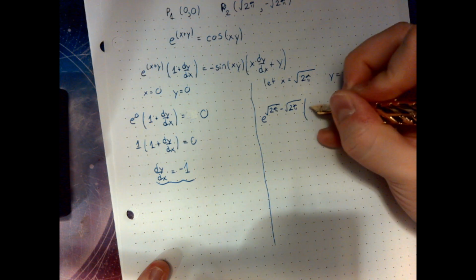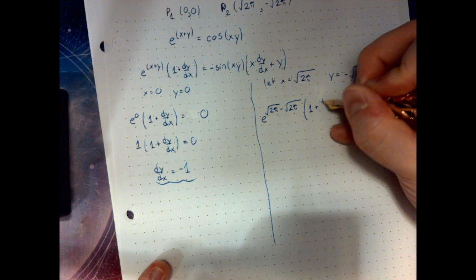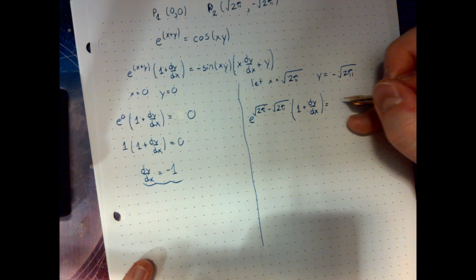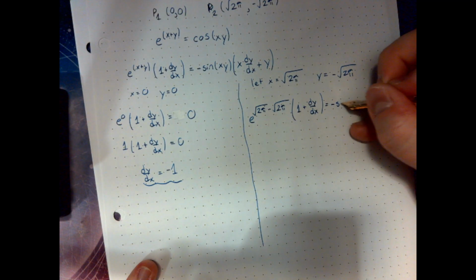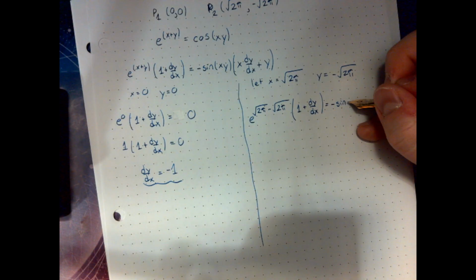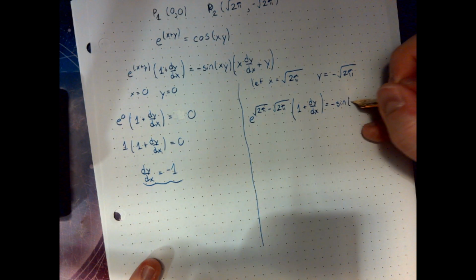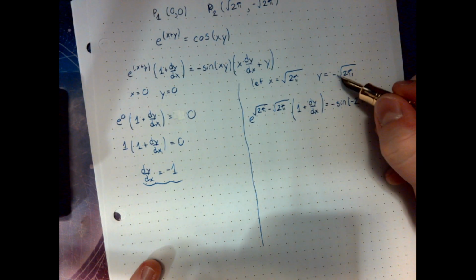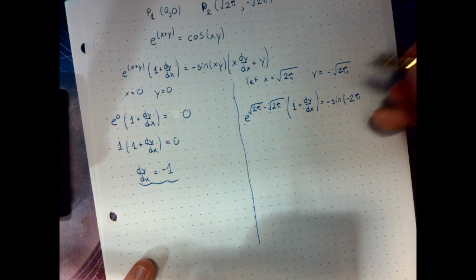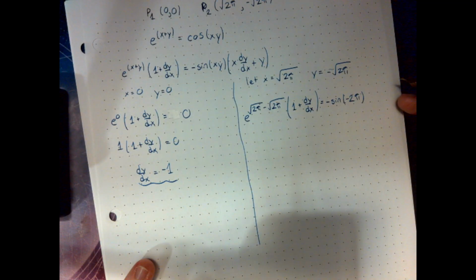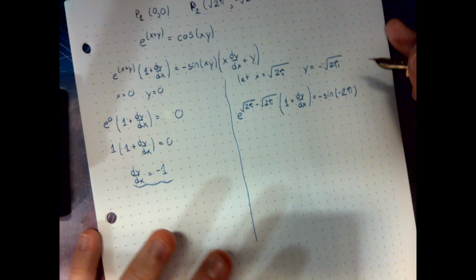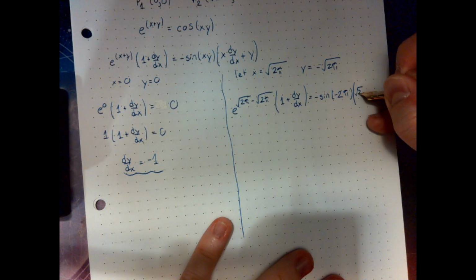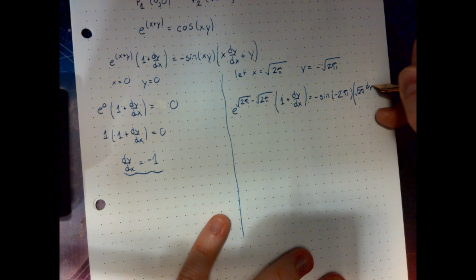Here I just have 1 plus dy/dx, nothing to plug in, equal to the negative sine of minus 2 pi. The roots cancel out when I multiply, and the negative is still there, so I have 2 pi multiplied by root 2 pi times dy/dx.